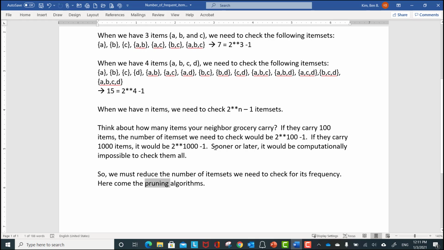Otherwise, as I showed you over here, this is practically impossible. We'll talk about some examples of pruning algorithms. When you say machine learning algorithm for association analysis, basically we are talking about this pruning algorithm.